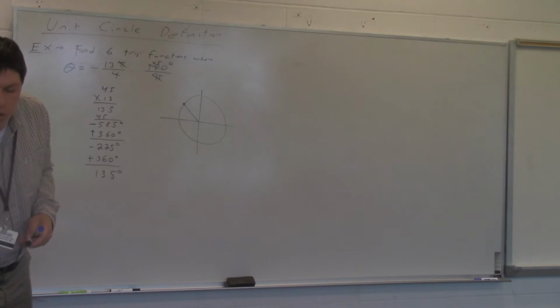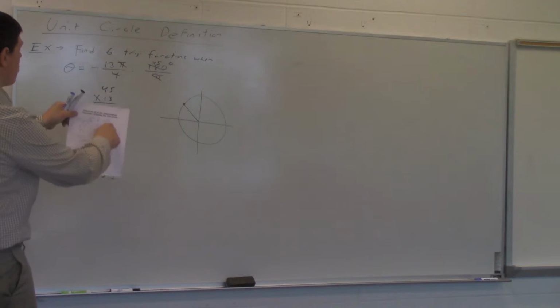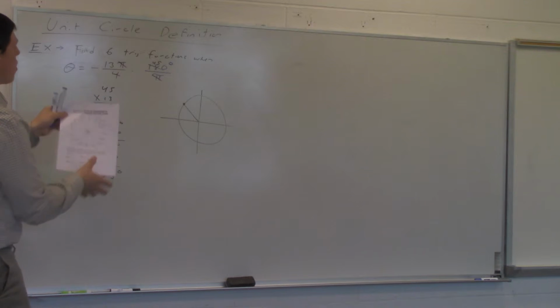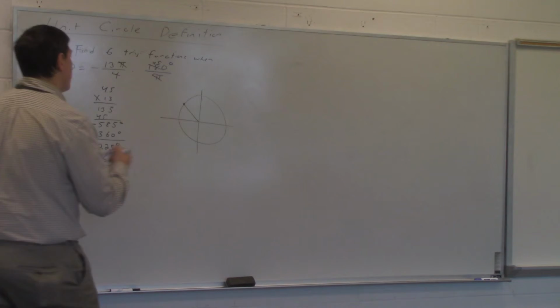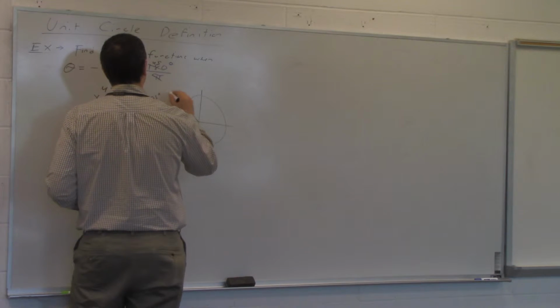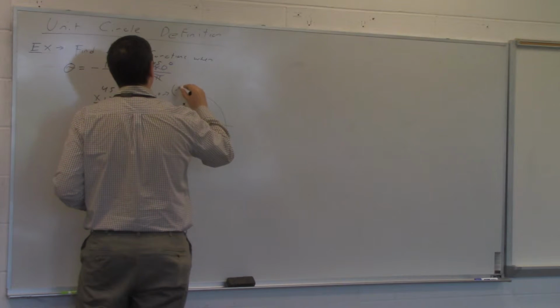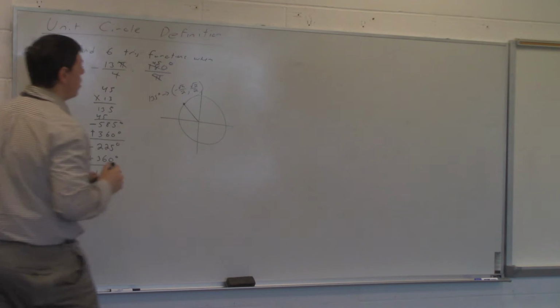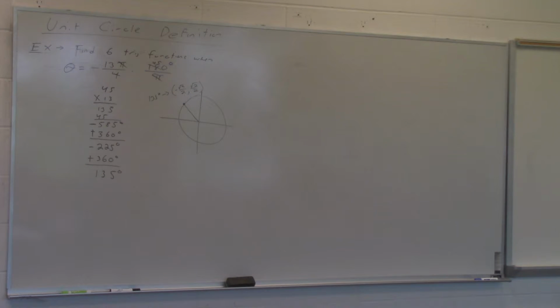So again, you just go on your unit circle and go to 135 degrees. And at 135, we know that we get negative root 2 over 2 and root 2 over 2 as our x and y coordinates.